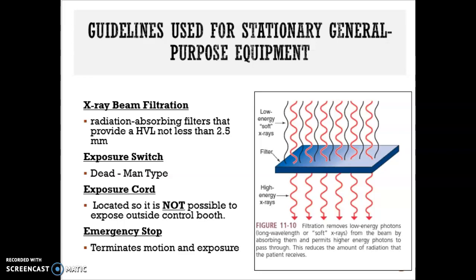When you are situated in the control booth, the exposure cord should not be long. It should be located in a position that is not possible to take an exposure outside of the booth. An emergency stop should be available to terminate the motion of the equipment and the emission of X-rays if it's needed.